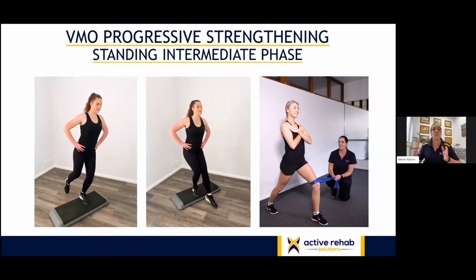So this is just progressing it a little bit further. You can either do little lunges, or you can do the step ups or the step downs. These are all exercises that we're familiar with, but if you just modify them that little bit, people really do get uplifted. They feel like they're actually making progress, that they'll get through this injury and be able to keep exercising and achieve their goals.